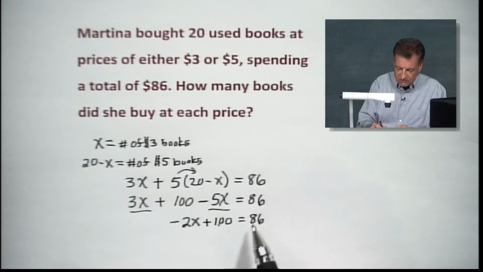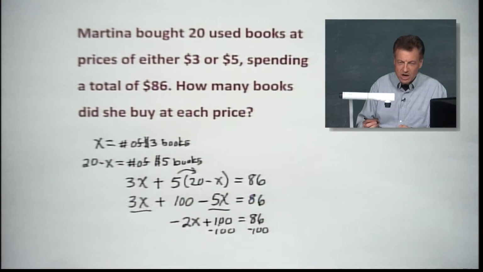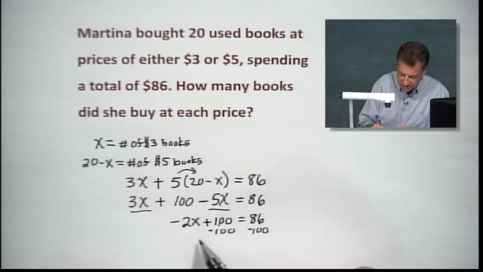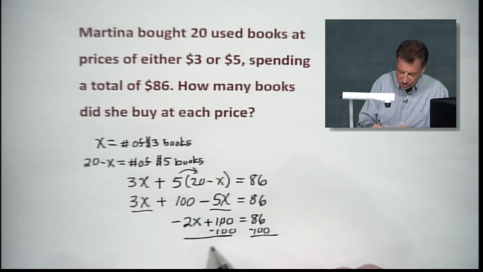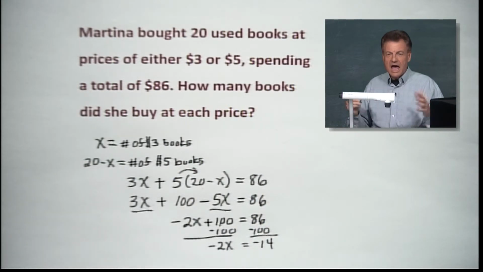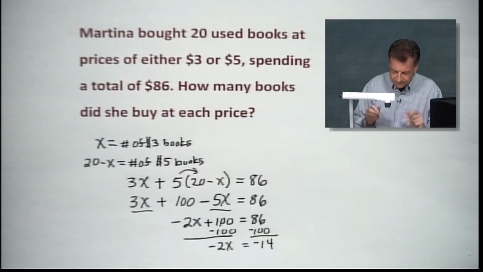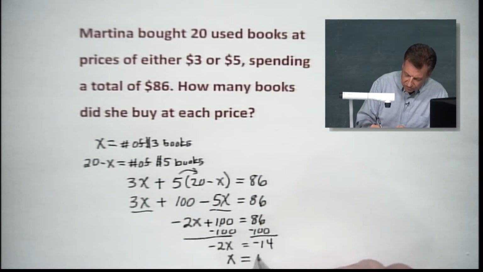We're going to move that 100. This time we have to subtract when we move it to the other side, the subtraction property of equality. Negative 2x equals negative 14. It comes out even, it has to, remember, you either have a book or you don't. And x equals 7.